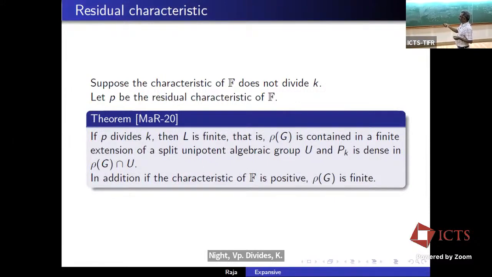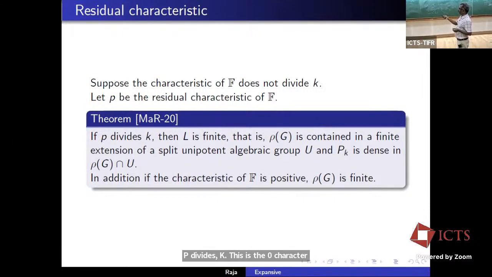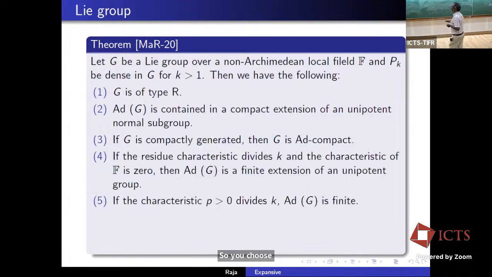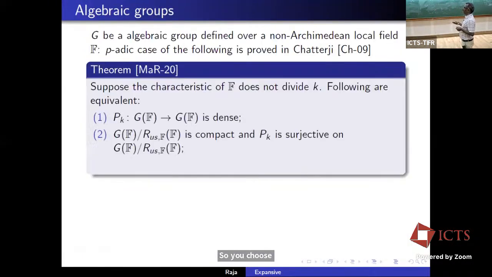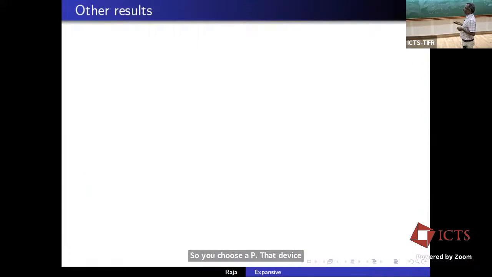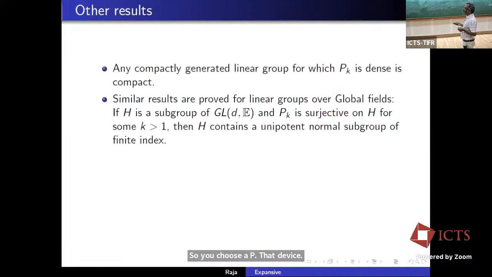This is the zero characteristic case. The characteristic of F does not divide k. But if p divides k, the compact group becomes finite. So you choose a p that divides k, then you can get the compact subgroup to be finite.